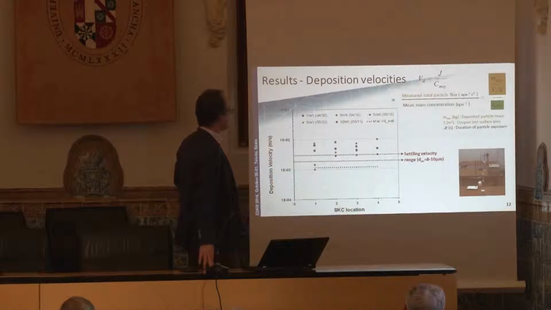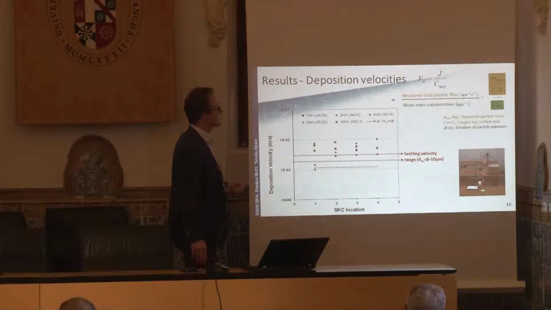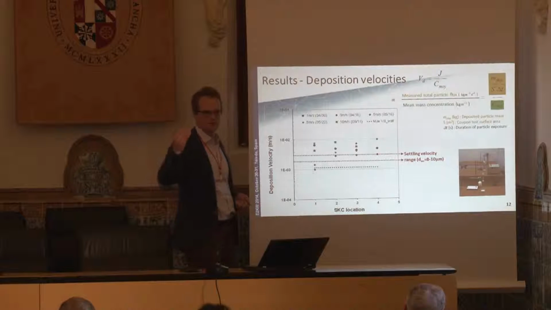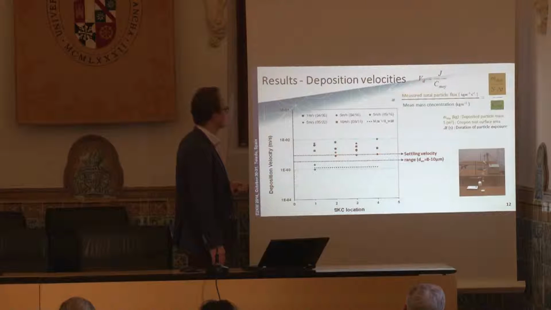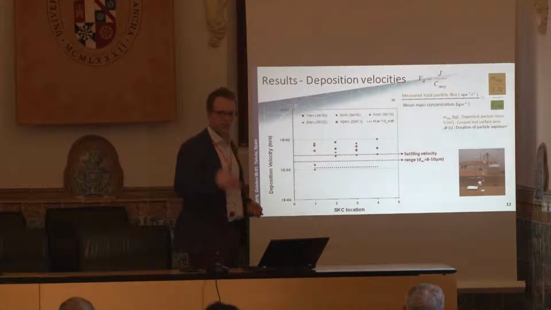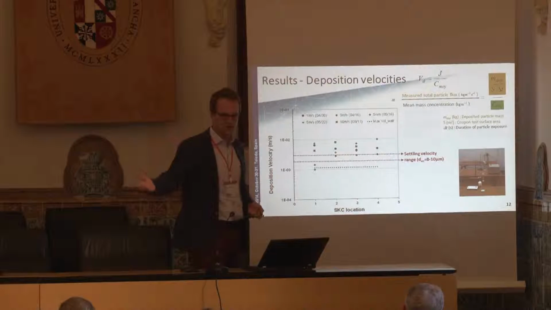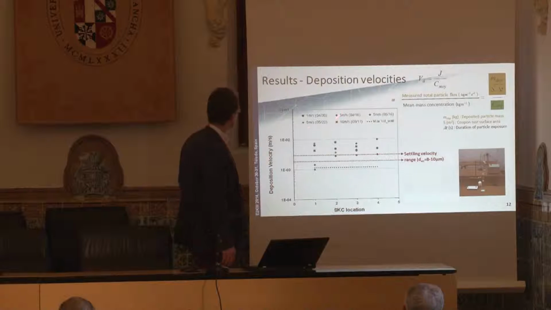Then the deposition velocity can be calculated. This is the mass flux on the surface divided by the mean mass concentration in the air. This is the definition of the deposition velocity that we have here on this graph. And the deposition velocity is not that different from one position to another, from one location to another, and for each trial.